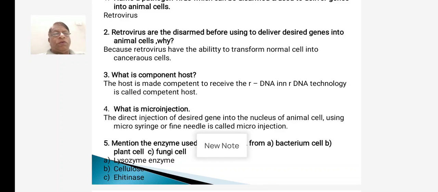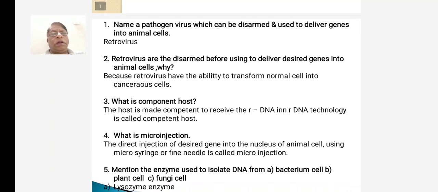The first question is, name a pathogen virus which can be disarmed and used to deliver genes into animal cells.